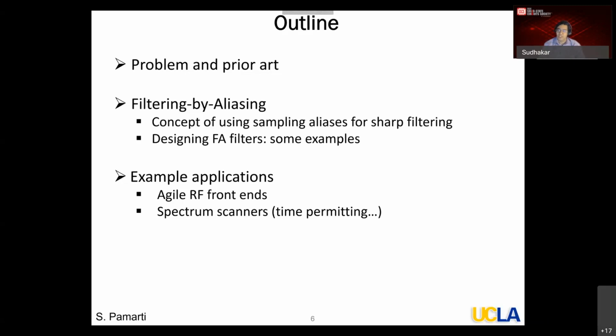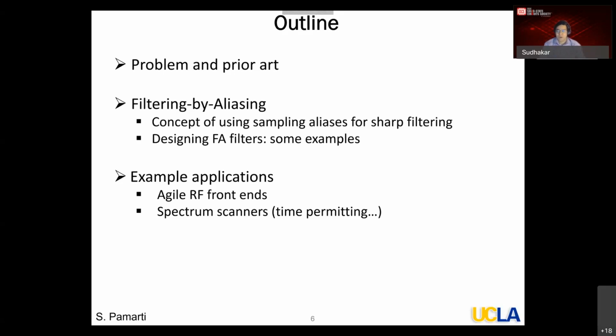Filtering by aliasing filters is what we call them, but they are general time varying circuits. Hopefully the examples will give you an idea as to how to build these kind of filters. Then I will talk about one or two more realistic examples where we apply this sharp filtering technique, time varying filtering technique to relevant practical problems.